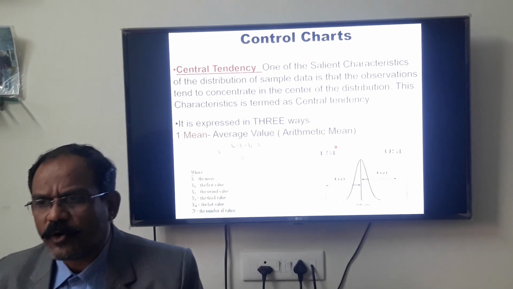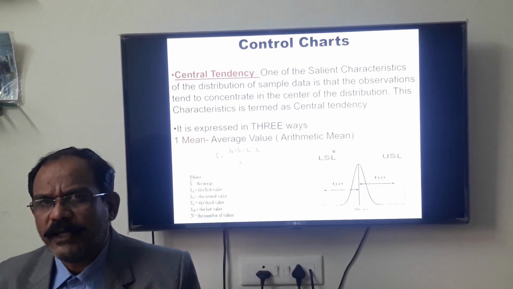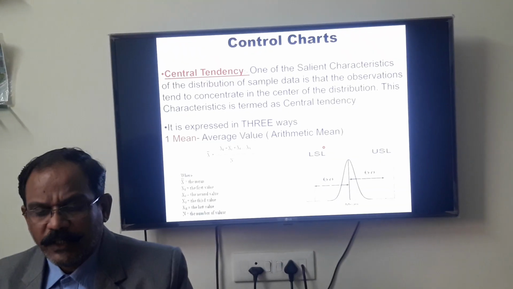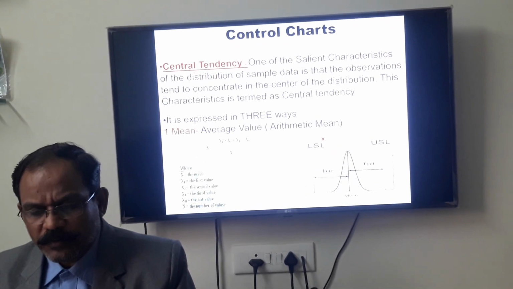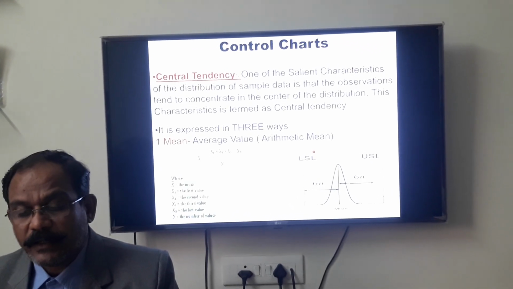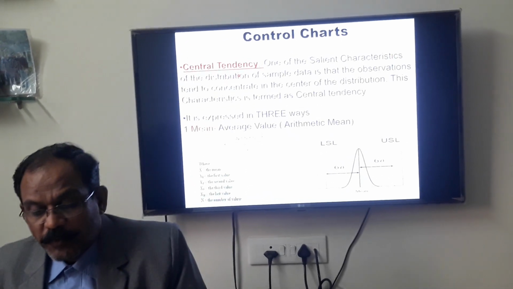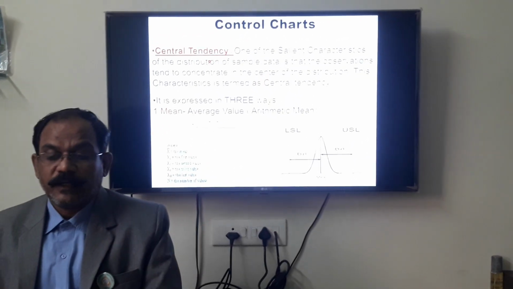He will not accept the products where the diameter varies beyond an upper control limit or a lower control limit. He wanted the product to lie at the center line. So for that purpose we need to calculate the central tendency.